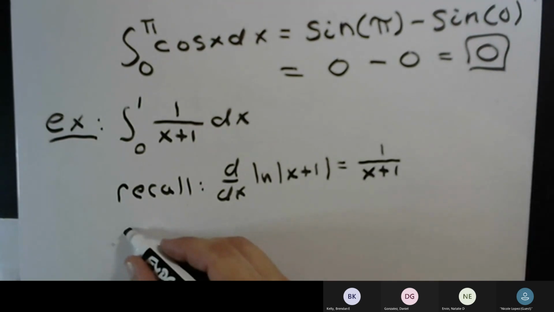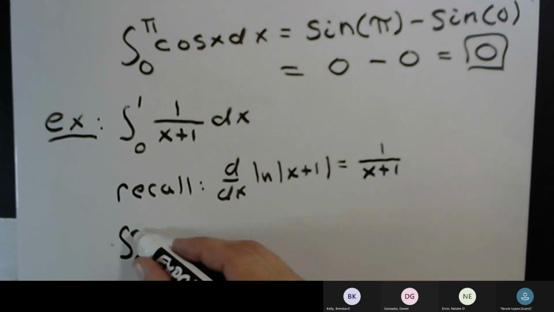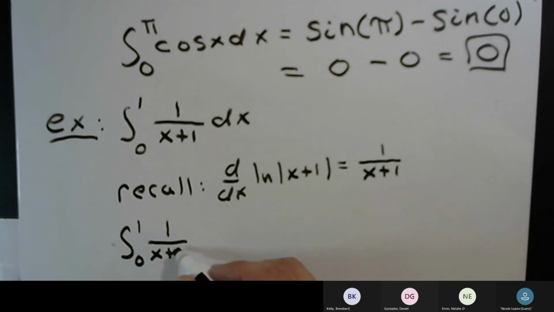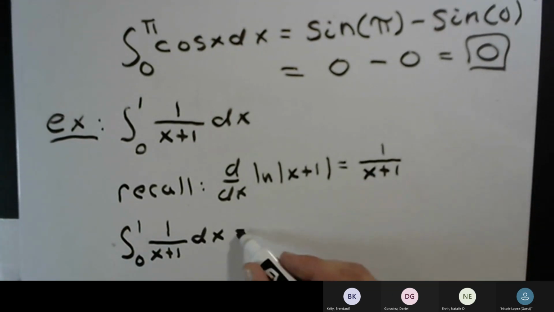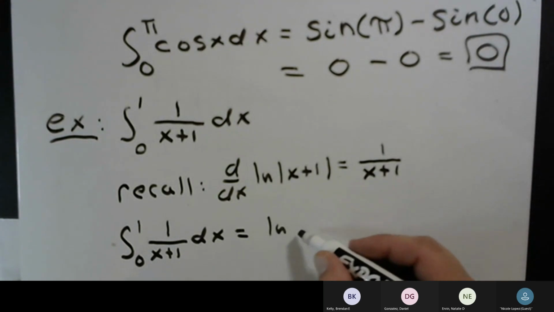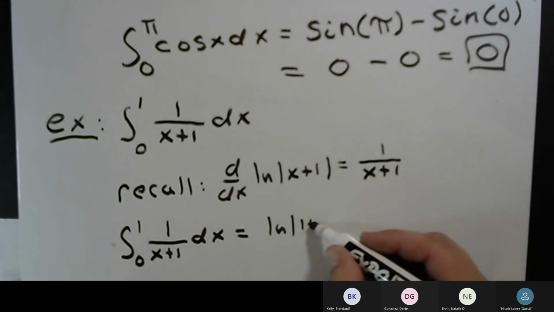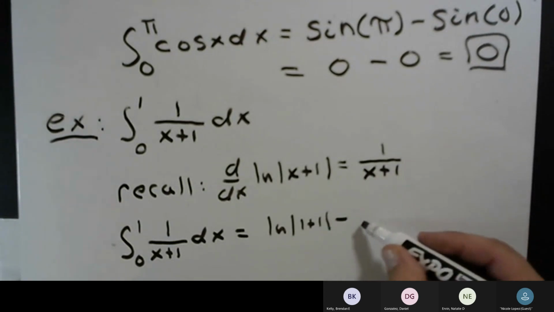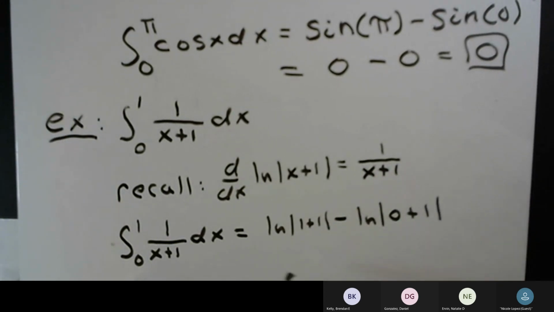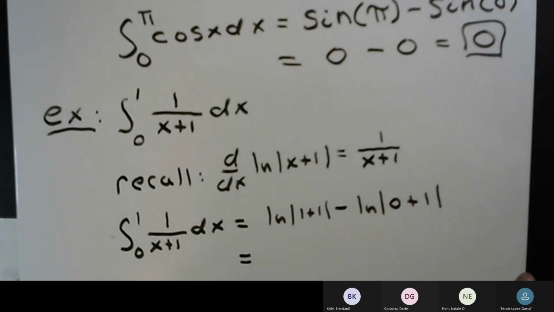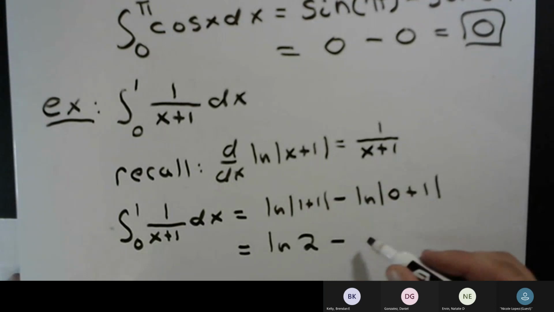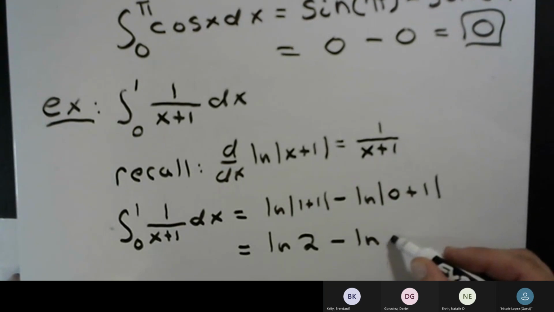And so what this is going to say, the integral of 1 over x plus 1 dx, well, that's going to be the natural log of 1 plus 1 minus the natural log of 0 plus 1, or the natural log of 2 minus the natural log of 1.